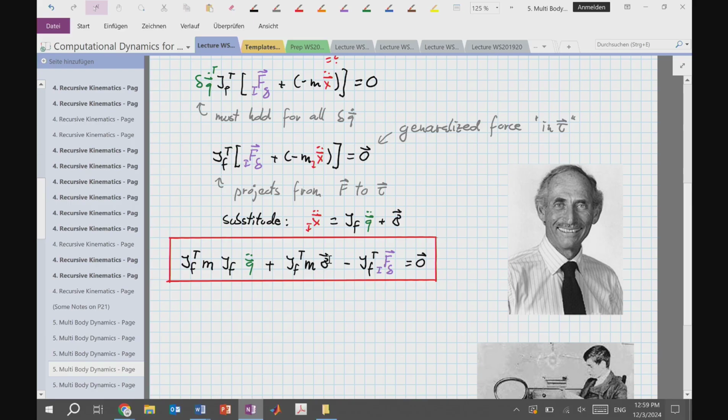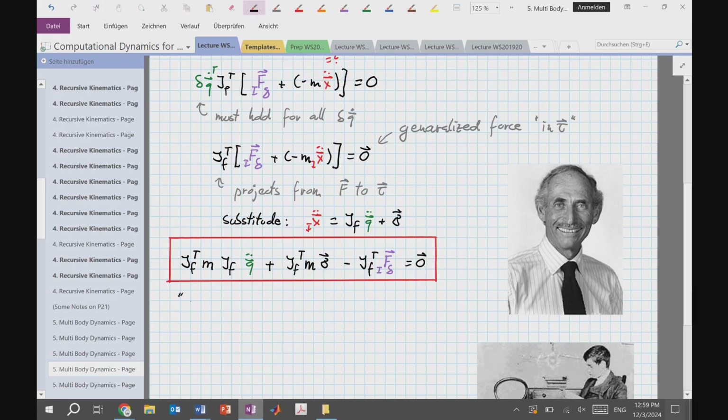And when we do forward dynamics, we know velocities and positions, so we can compute sigma. We know this. Everything is known. The Jacobians, they depend on Q. They're known. And I could go ahead and solve this equation for Q double dot. If I want to do forward dynamics, if I want to do inverse dynamics, there's a little thing missing here because we don't have a motor in our example.